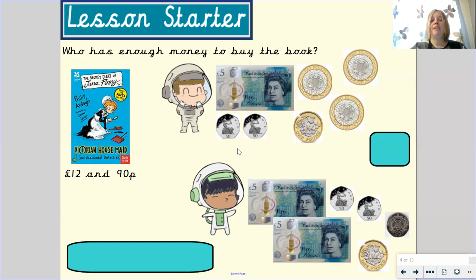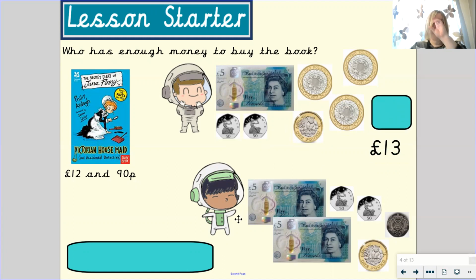We know that if we add a 50p coin and a 50p coin together, we can exchange this for a £1 coin. So altogether, our astronaut has £13.